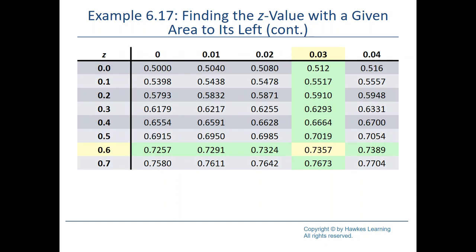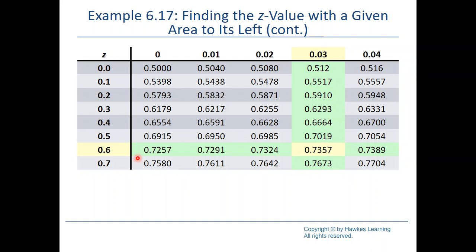So this is what our table looks like, and again, I'm going to have to scan through until I see 0.7357. Here I see it. So again, left gives me 0.6, and then up is going to give me that second decimal place, which is the 3.